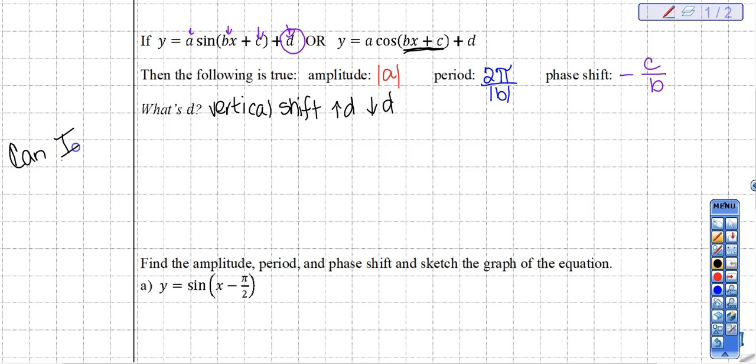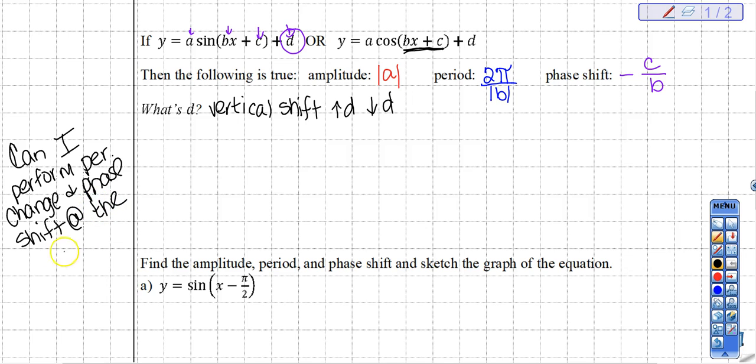Can I perform a period change and phase shift at the same time, or simultaneously, so that I can expedite this process, especially because it's the process that's the most complex? Is there a way you could do both things at the same time? And the answer is, yeah, you bet.